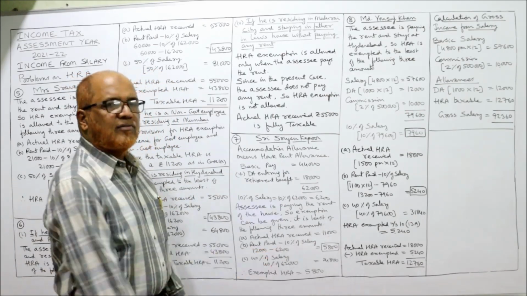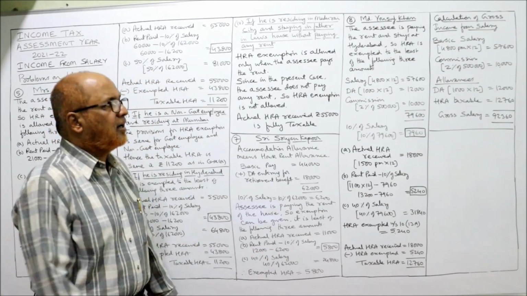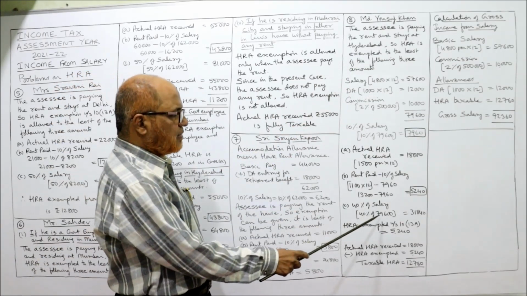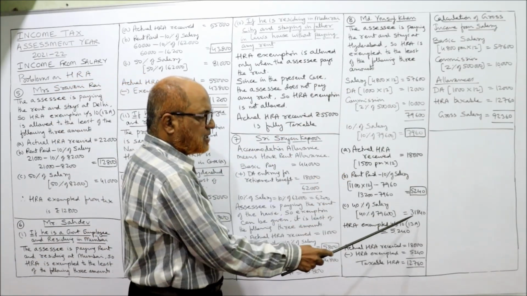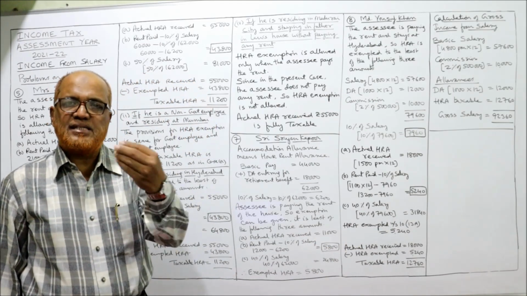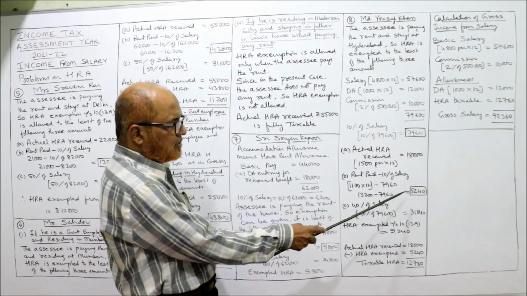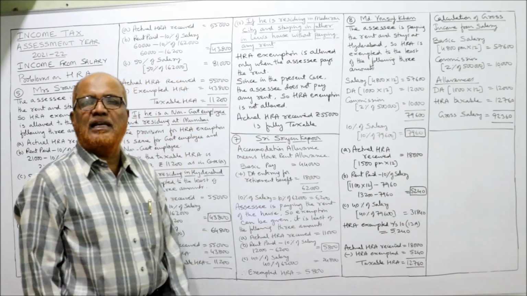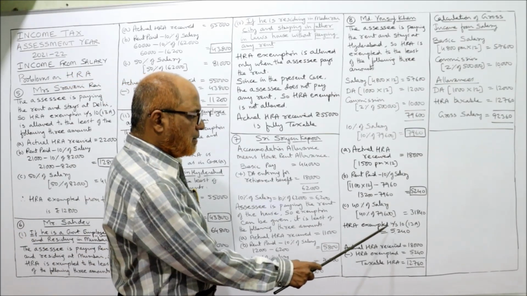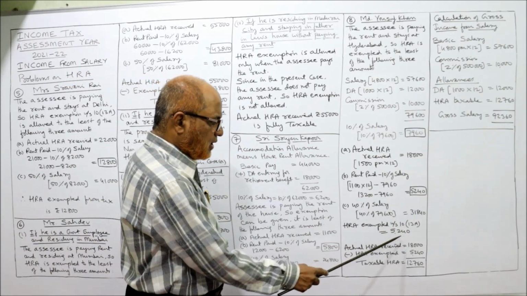Now 40% of salary, because Hyderabad is another town. So 40% of 79,600 comes to 31,840. The least of these three is exempted. Which is the least? 5,240 is the least, so exempted HRA is 5,240.